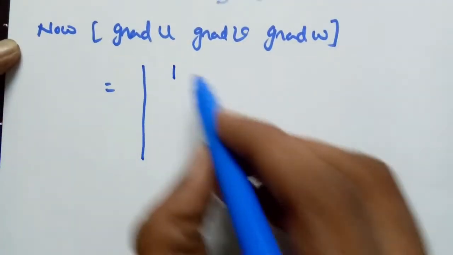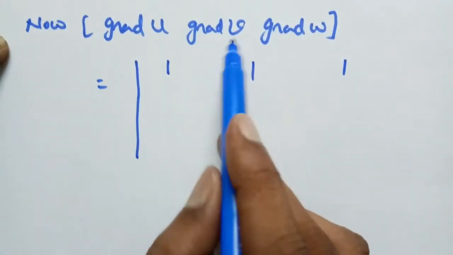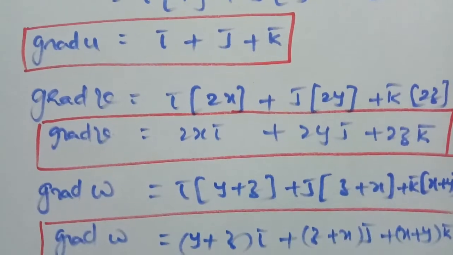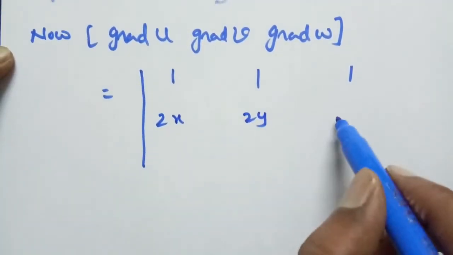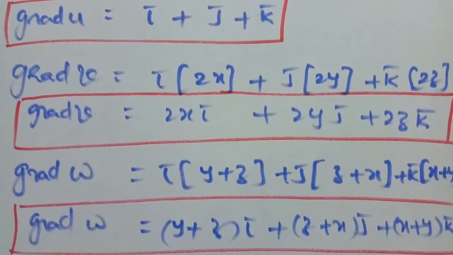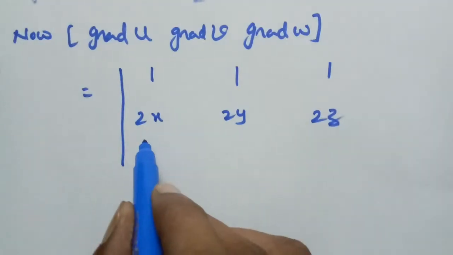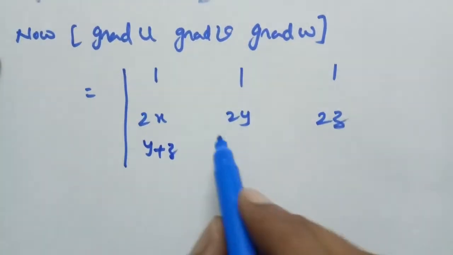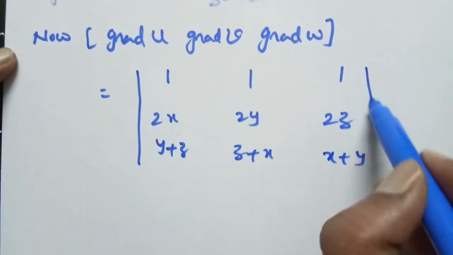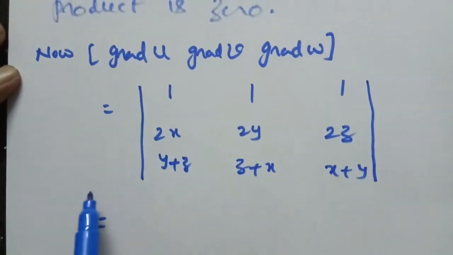Therefore, 1, 1, 1. Components of grade v, component of i bar 2x, component of j bar 2y, component of k bar 2z, 2x, 2y, 2z. Components of grade w, y plus z, i bar component, z plus x, j bar component, x plus y, k bar component. y plus z, z plus x, x plus y.